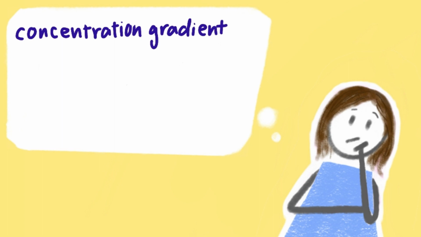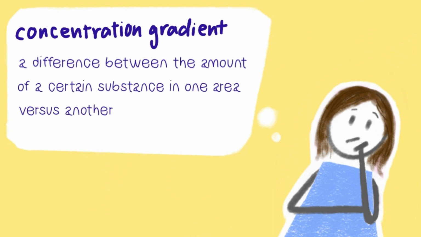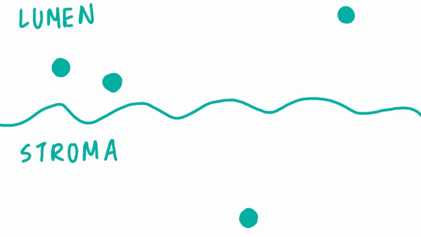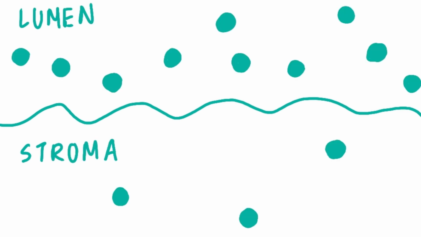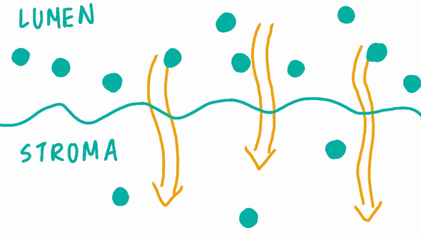And what is a concentration gradient? A concentration gradient is where there is a difference between the amount of a certain substance in one area versus another. In this case, we have a hydrogen ion gradient, since the lumen has much more hydrogen ions than the stroma. Atoms don't like being squished together, so they tend to flow down their concentration gradient, basically moving from an area where they are high in concentration to an area where there are not as many of them.